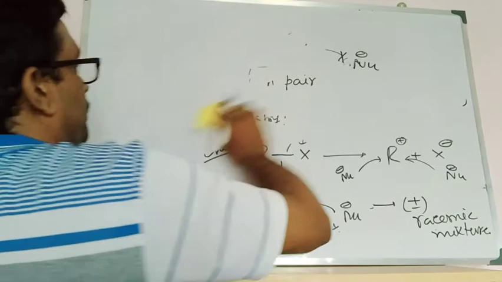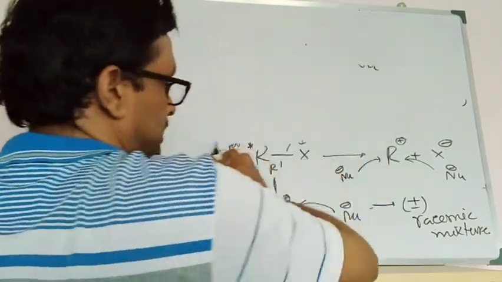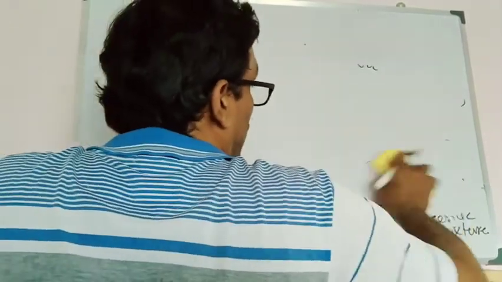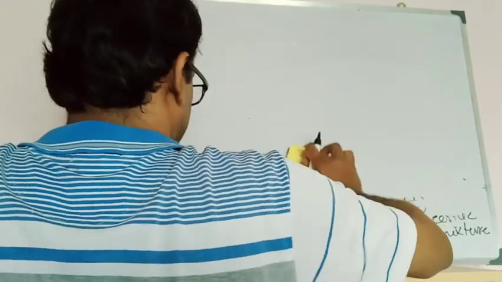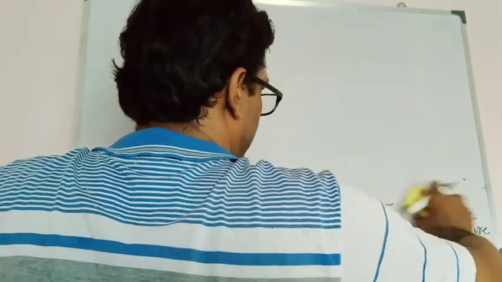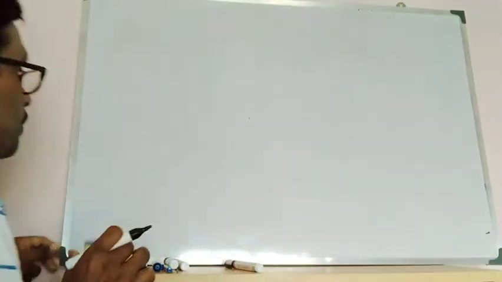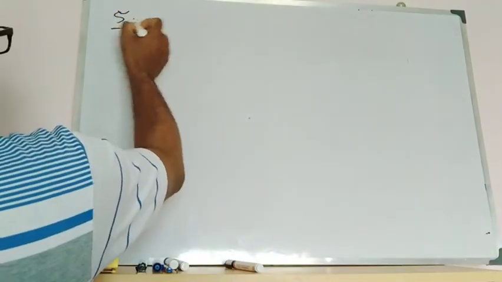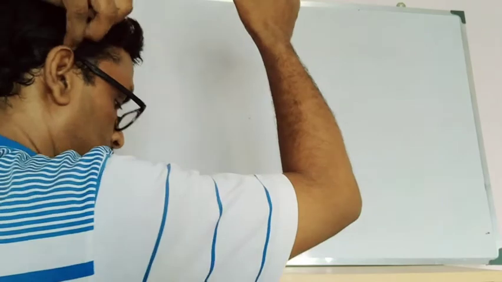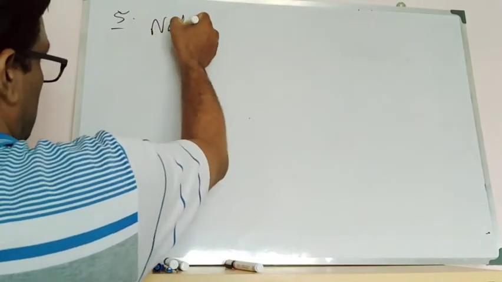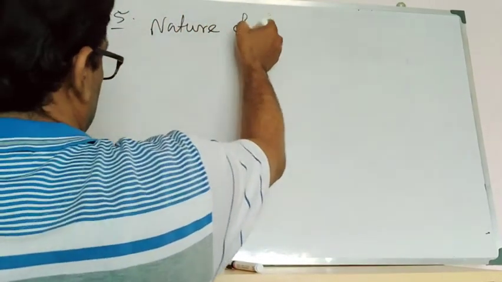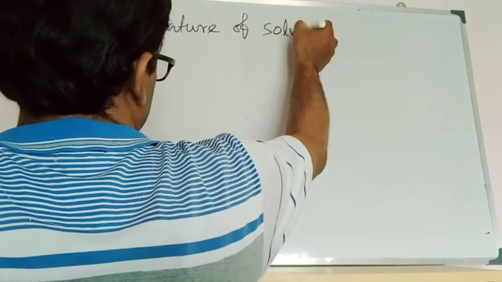Then we come to number 5, the characteristics of the SN1 reaction. Number 5, dependence on the solvent in this reaction. That is another very important part of the SN1 reaction. What kind of solvents favor it? So now, the nature of solvents.